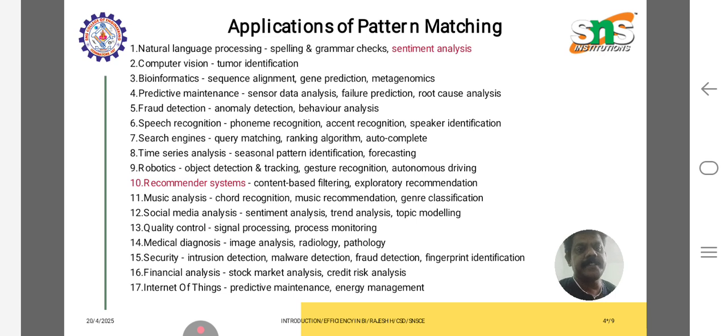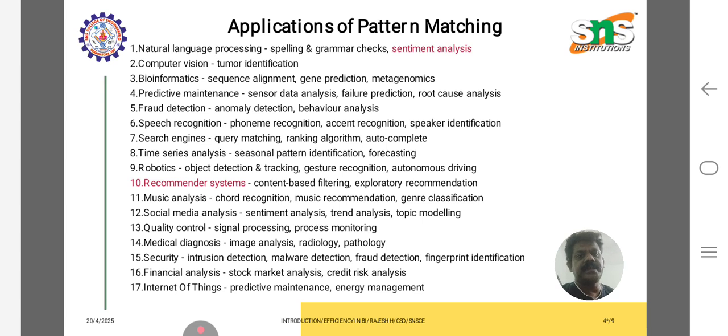In time series analysis, seasonal pattern identification and forecasting. In robotics, where objects can be detected by tracking, gesture recognition, and autonomous driving, etc. In recommendation systems, content-based filtering and exploratory recommendation, and in music analysis, chord recognition, music recommendation, genre classification, etc. Likewise, social media analysis, where sentiment analysis, trend analysis, and topic modeling are done.